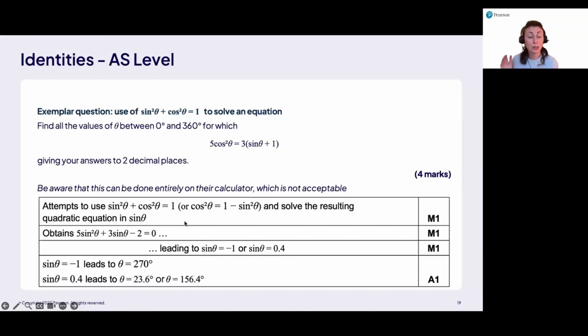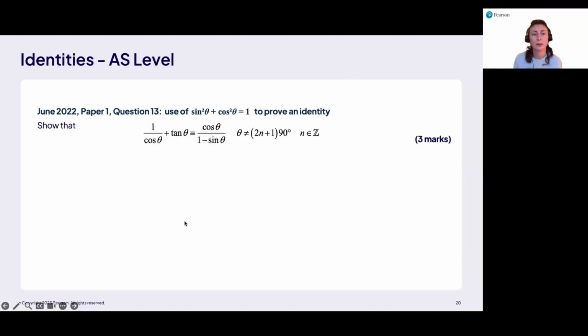So even though they could technically solve it just from the question, they should wait and not use it until solving the quadratic. But I would recommend that they solve the quadratic using their calculator because it has got that function. And then you can see how the marks are distributed there. We've got 3 method marks, 1 answer mark.